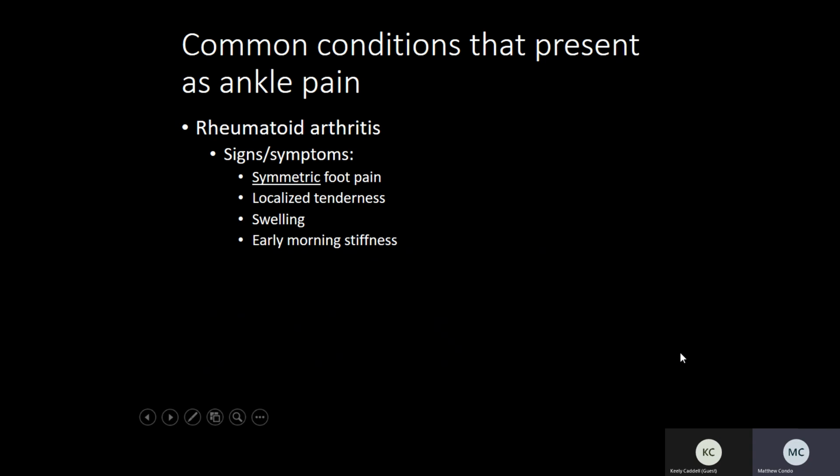With rheumatoid arthritis, remember, that is a blood-based disease, okay? If they have not been checked for rheumatoid arthritis, they probably need to be referred out for a blood test to check for that specifically, because that's going to alter a lot of not only their therapy plan, but it's also going to alter things like their medication plan, because there are a lot of medications out there, as you guys know, that can effectively treat and reduce the symptoms of rheumatoid arthritis.